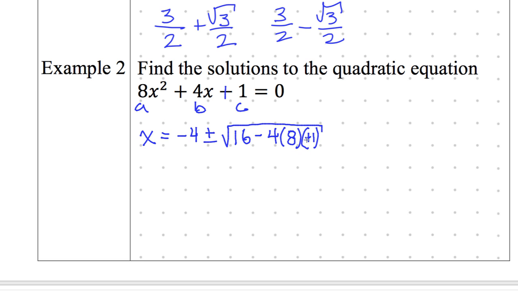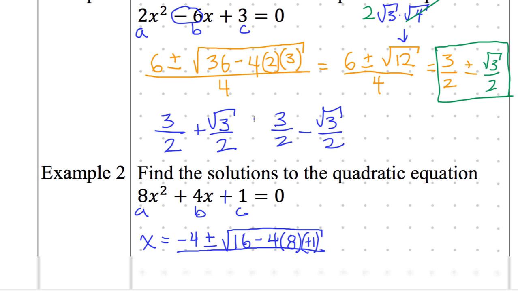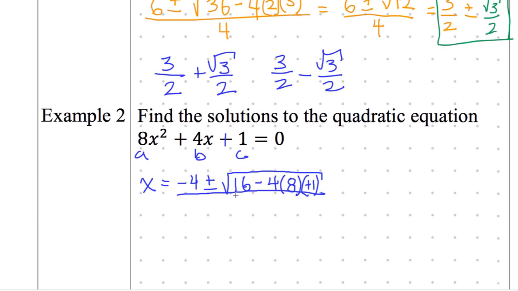So if I do all of that and I divide all of that by what? All over, nope, 2 times a, and a is 8. So 2 times 8, 16, there it is. Okay, let's go ahead and reduce this.